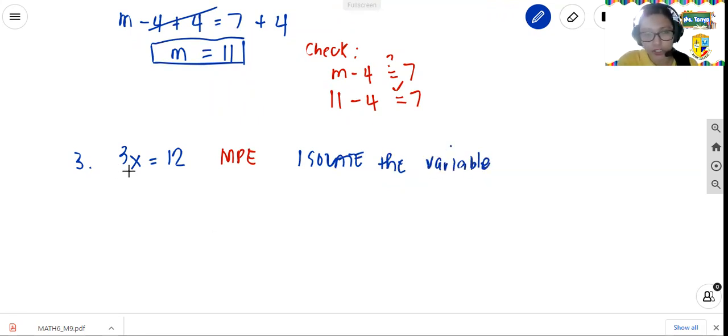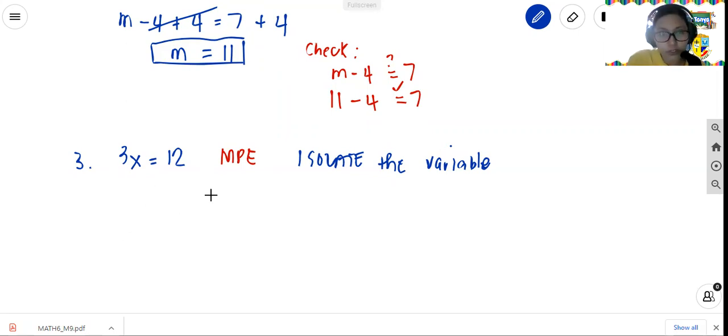However, it's multiplication. So what's the inverse of multiplication? Division. But if you would recall, the inverse of a number is actually the reciprocal of that number. So if the number that I want to eliminate is 3, then I have to multiply the whole equation by the reciprocal of 3 so that I can get rid of it on the left side.